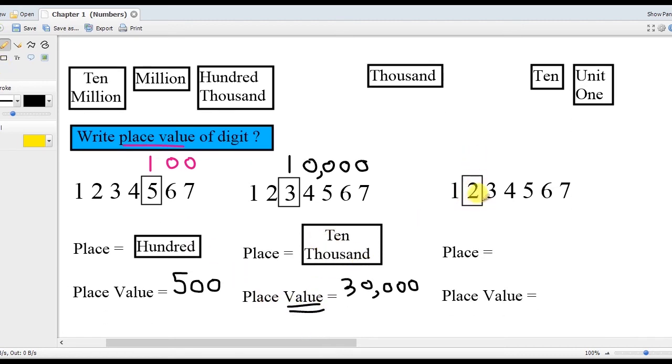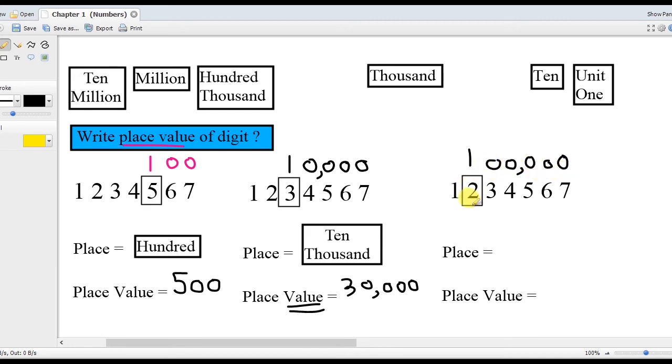Okay, the next digit is 2. So write 1. How many digits are there after it? 1, 2, 3, 4, 5. So write 5 zeros. What number is it giving us? 100,000.